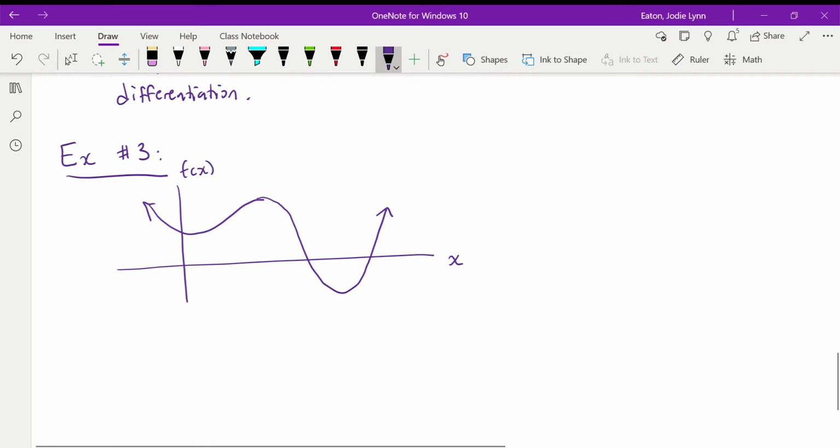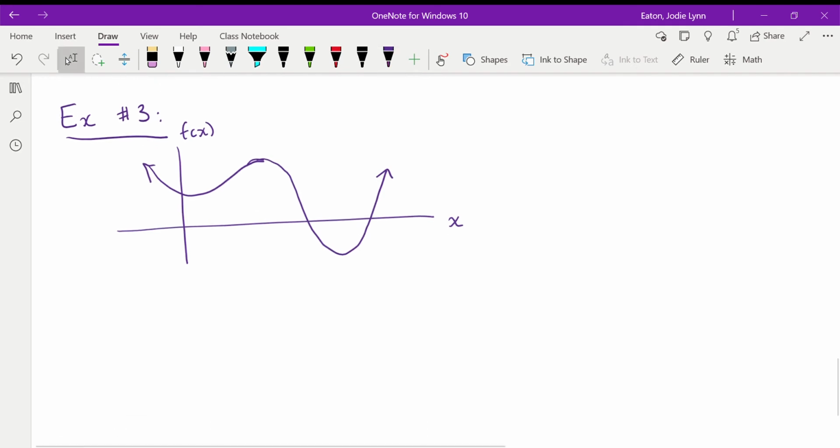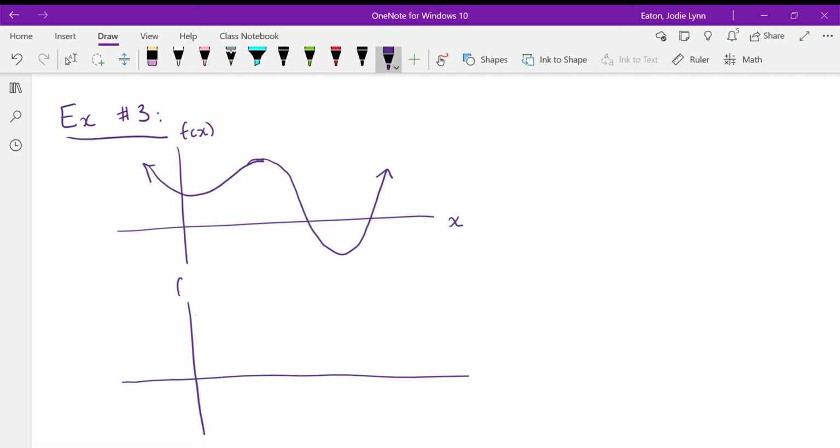The derivatives are going to be the slopes of the tangent line at certain points. So if I wanted to draw the graph, remember we said the derivative of a function is another function. We're going to get a function that gives the value of the slope of the tangent line at every point.